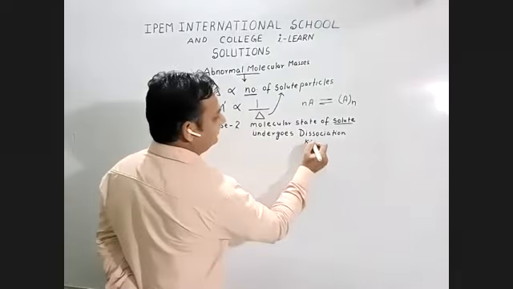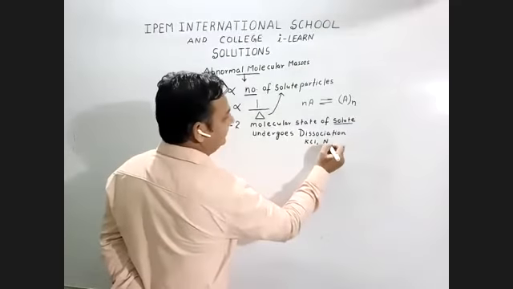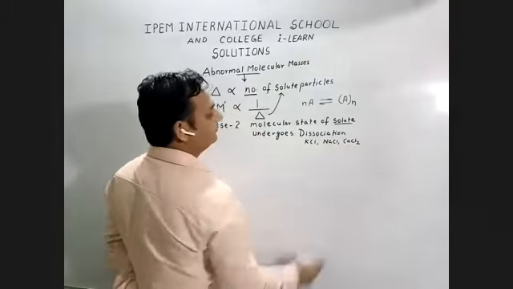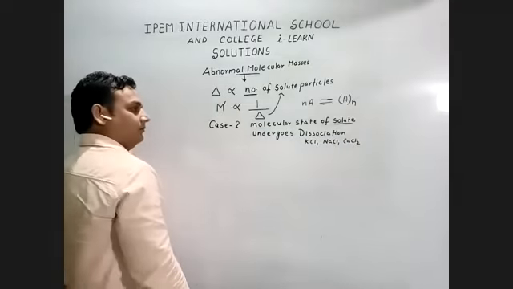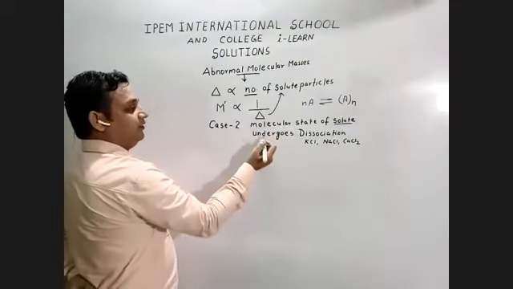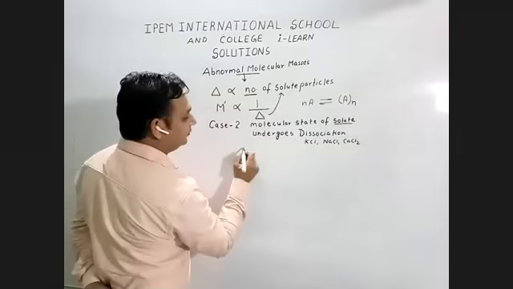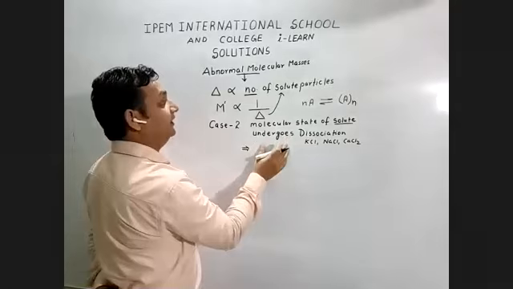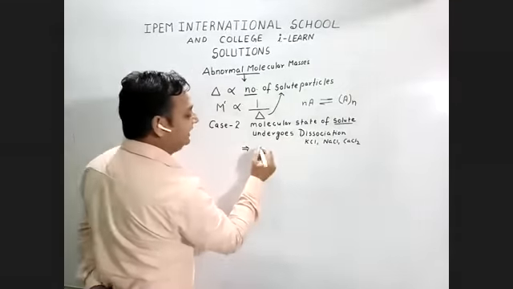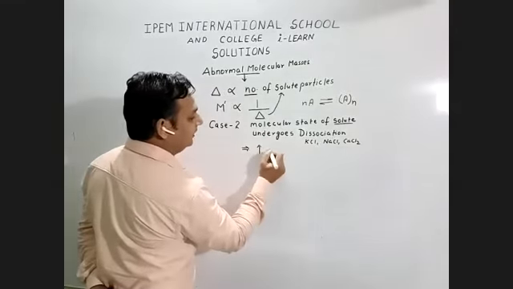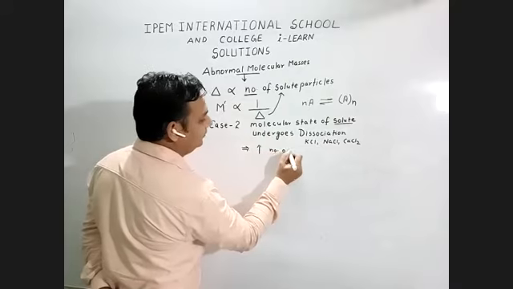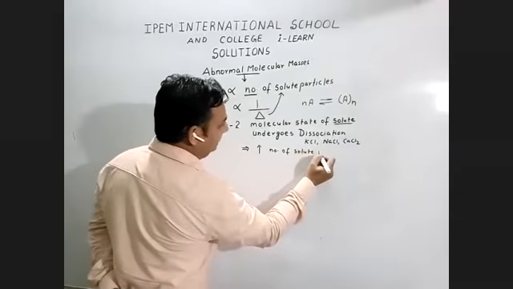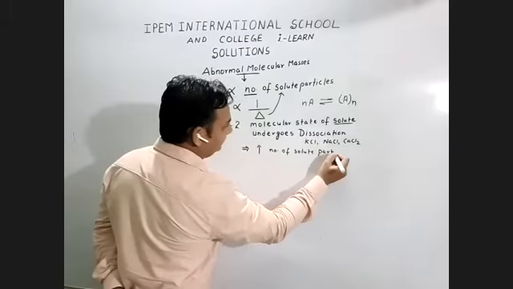Electrolyte examples: KCl, NaCl, CaCl2. The molecular state of the solute undergoes dissociation, and dissociation results in increase in number of solute particles.